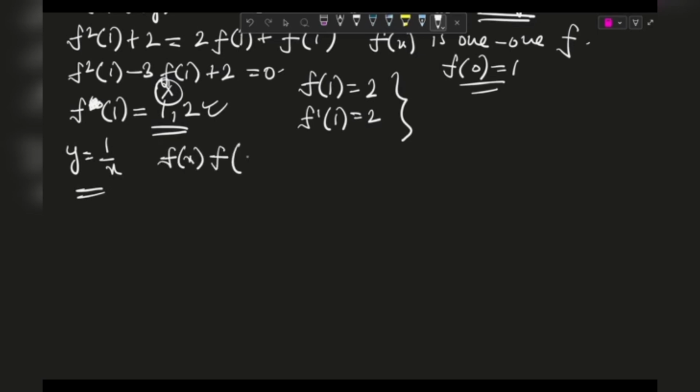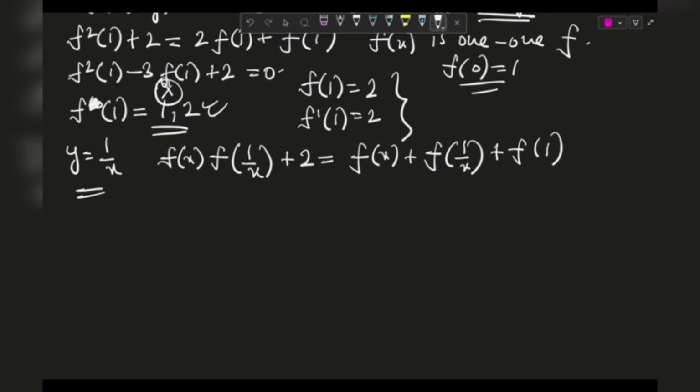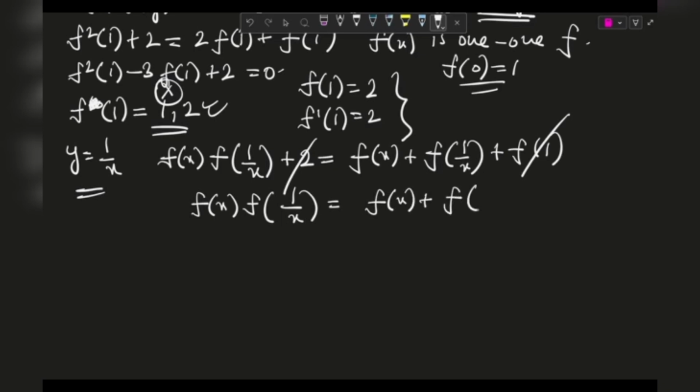This will be f of x into f of 1 by x plus 2 equivalent to f of x plus f of 1 by x, and this is plus f of 1. Now f of 1 is 2 and this is also 2, so they get cancelled. So basically our f of x into f of 1 by x becomes equal to f of x plus f of 1 by x.